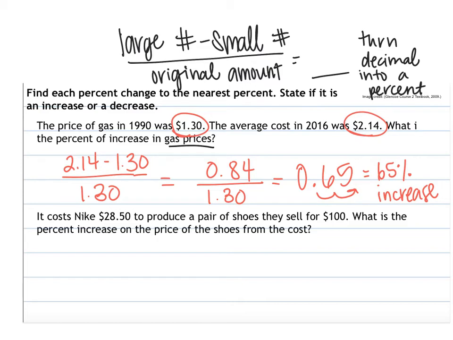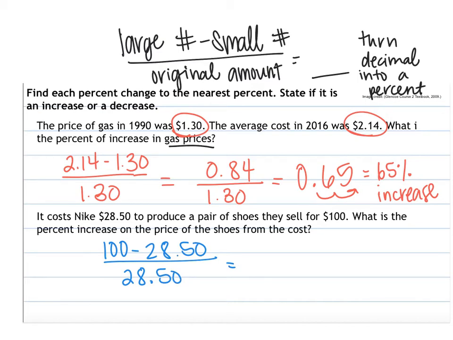Next one, it costs Nike $28.50 to produce a pair of shoes. They sell for $100. What is the percent increase on the price of shoes? So large number minus the small number, divide by the original. The original in this case is how much it originally cost to make them, which would be the $28.50.